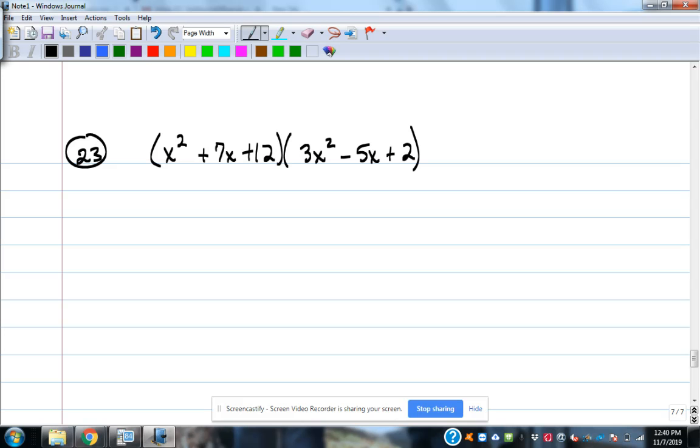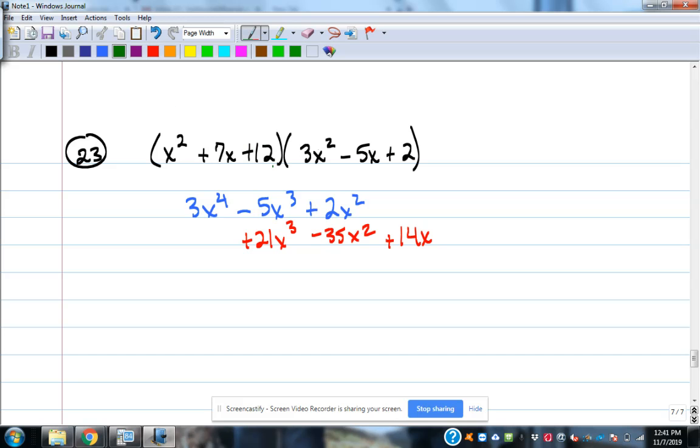So I'm going to stack it up again. So I'm going to distribute x squared. So that's 3x to the 4th minus 5x cubed plus 2x squared. And then I'm going to distribute 7x. So that's going to be plus 21x cubed minus 35x squared plus 14x. 7x times negative 5x, x times x, x squared.